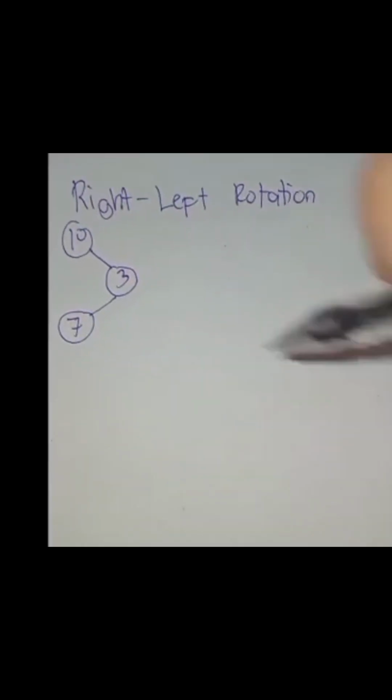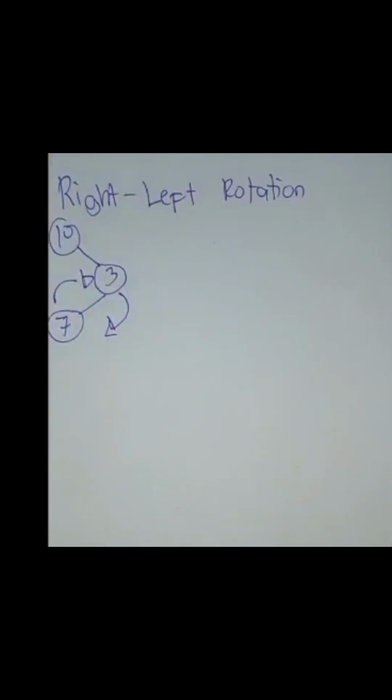In left-right rotation, we have a set of 3, 10, and 7. Copy the 3, then rotate the 7 into 10's position, and rotate the 10 into 7's position. Then select a pivot, which is 7, and select the pivot's left child, which is 10, and the right child, which is 3. In right-left rotation, rotate the 3 into 7's position, and rotate the 7 into 3's position.